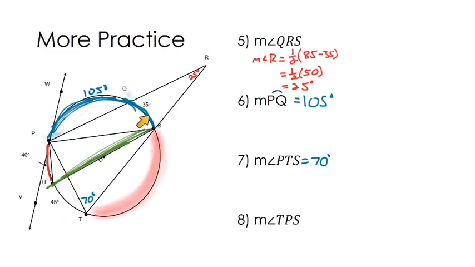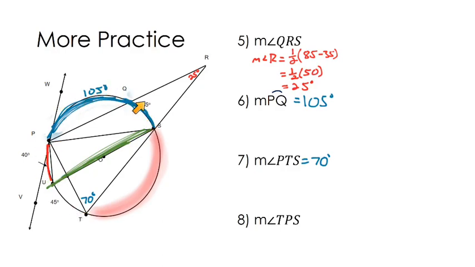Well, while I don't know this arc, I know every other arc in the circle. We have 45, 40, 105, and 35. So I just need to add all those up and subtract from 360, and it's going to give me the arc that we want. If my arithmetic is correct, all of these arcs together, if I added them all up in a calculator, I should get 225 degrees.